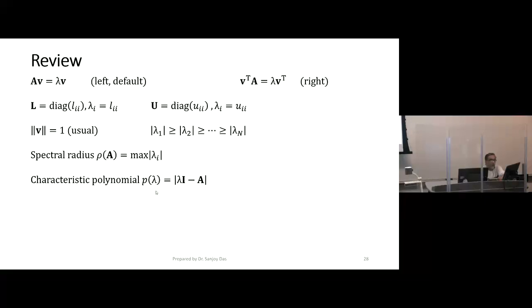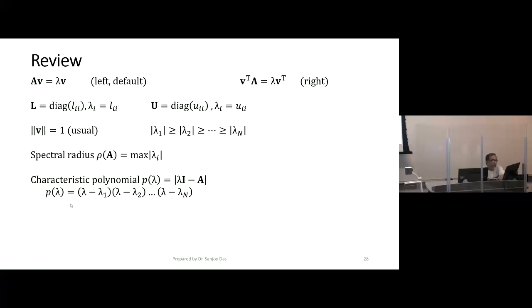The characteristic polynomial P of lambda is the determinant of lambda I minus A. Lambda is a variable here, and it can be expressed in this manner. Again, this is using unique indexing, that's why I have lambda sub n here.